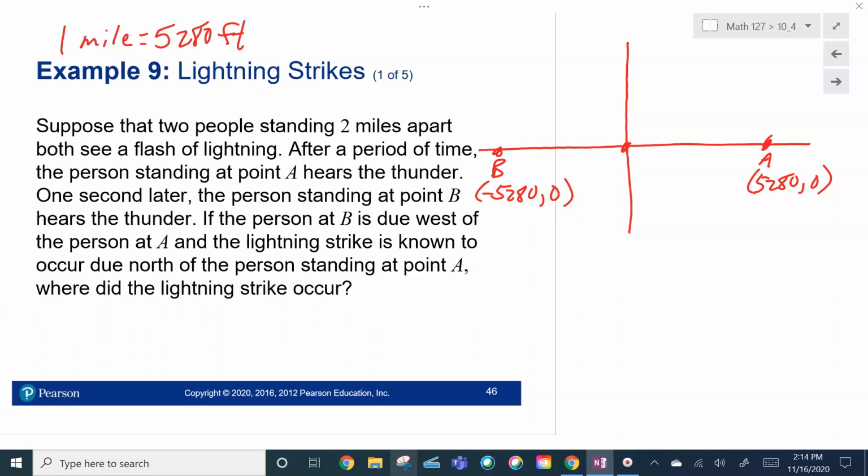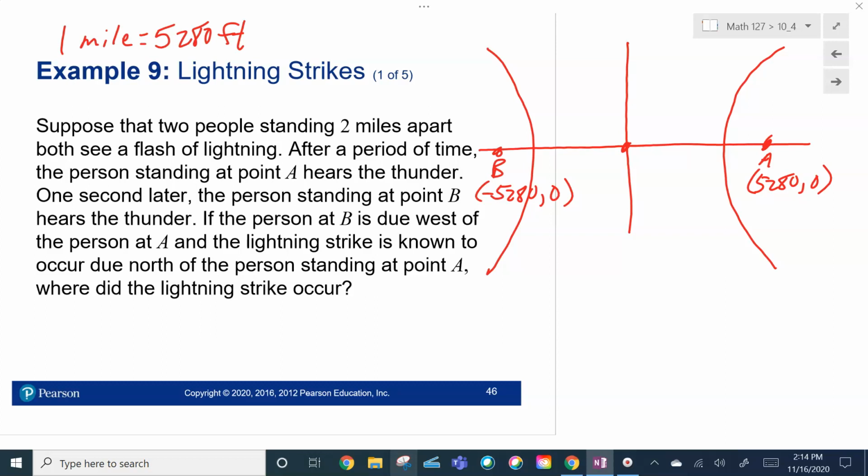Okay. So what we have is the two people are at the foci of this hyperbola. If you can imagine this hyperbola kind of modeling this here. And it says, after a period of time, the person standing at point A hears thunder. 1 second later, the person standing at point B hears thunder.